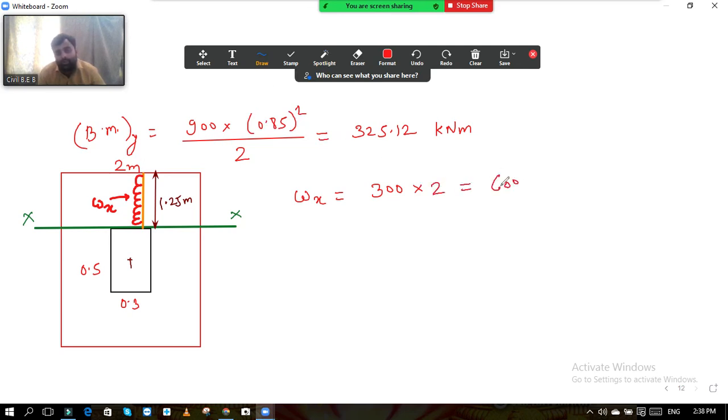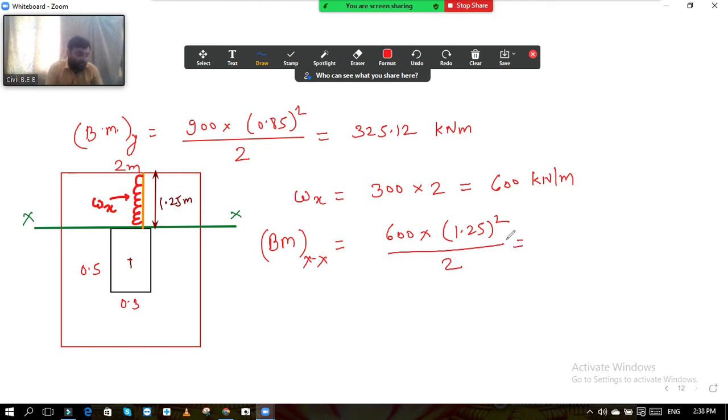So it is 600 kilonewton per meter. Now after this, calculate the bending moment in x direction, x section. It is WL square by 2. So W is 600 into L is 1.25 square, divided by 2. You will get the answer. Solve it.